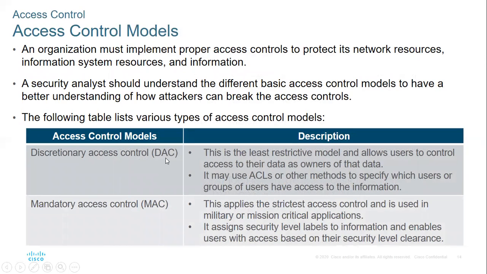So the first one is DAC, okay? So with DAC, if you are the owner of information, then you are able to give access, okay? We also have MAC. MAC gives you access depending on the level that you have, or what is known as the security level clearance.